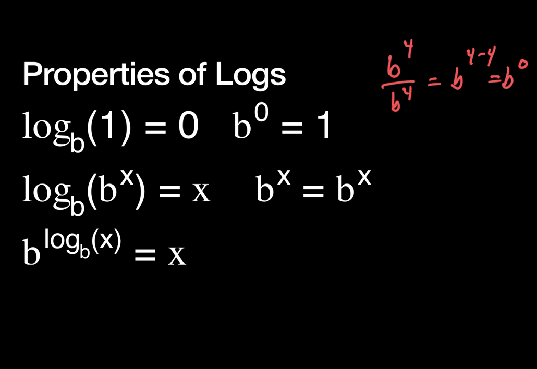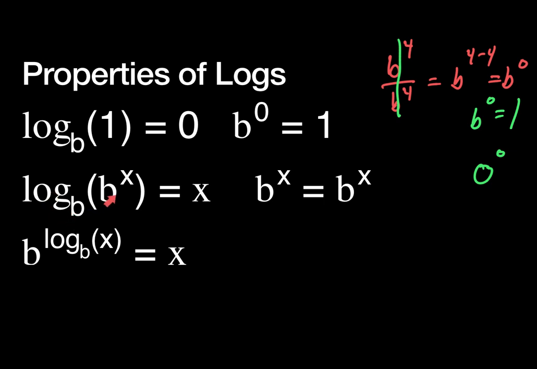But then also remembering, anything divided by itself is always equal to 1. So b to the 0 is 1. Any number to the 0 is 1, except for 0 to the 0. Next property.